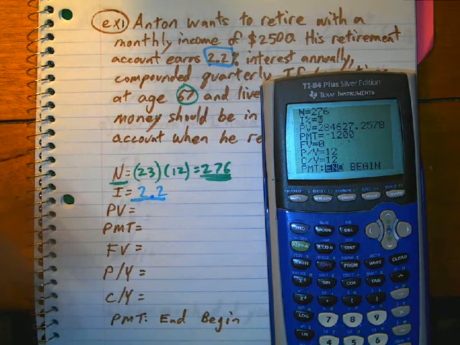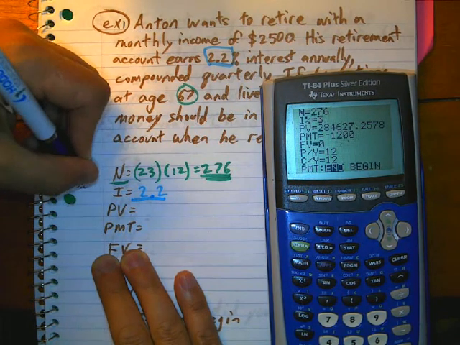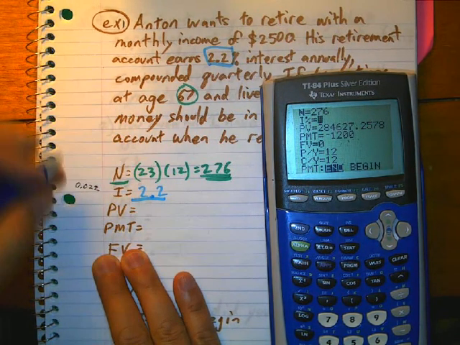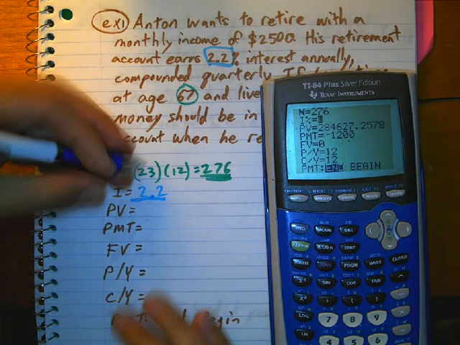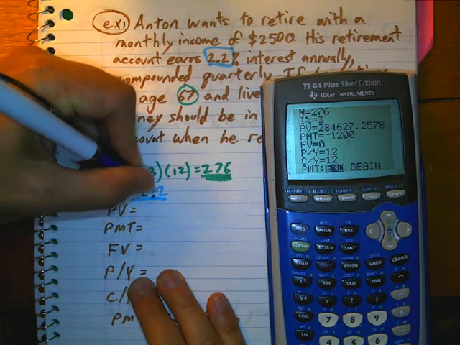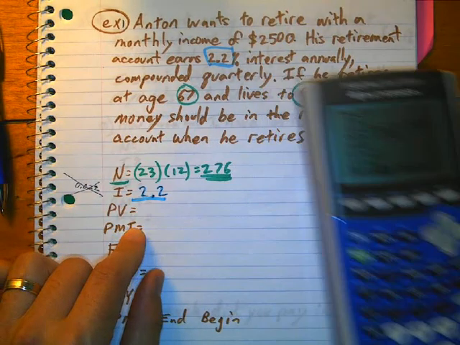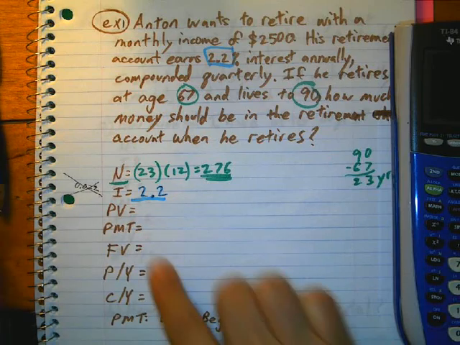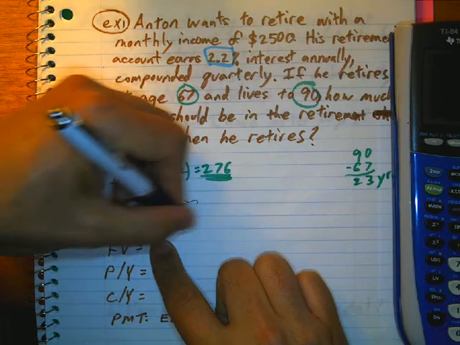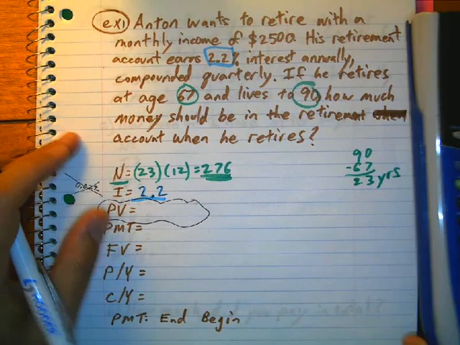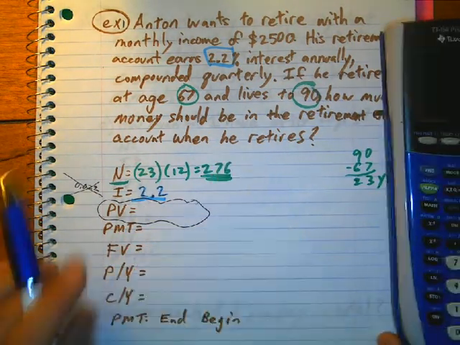Do not write 0.022. That is not correct. You have to put 2.2. The present value is what we're trying to figure out: how much money should be in the retirement account when he retires? That's what we're going to figure out.